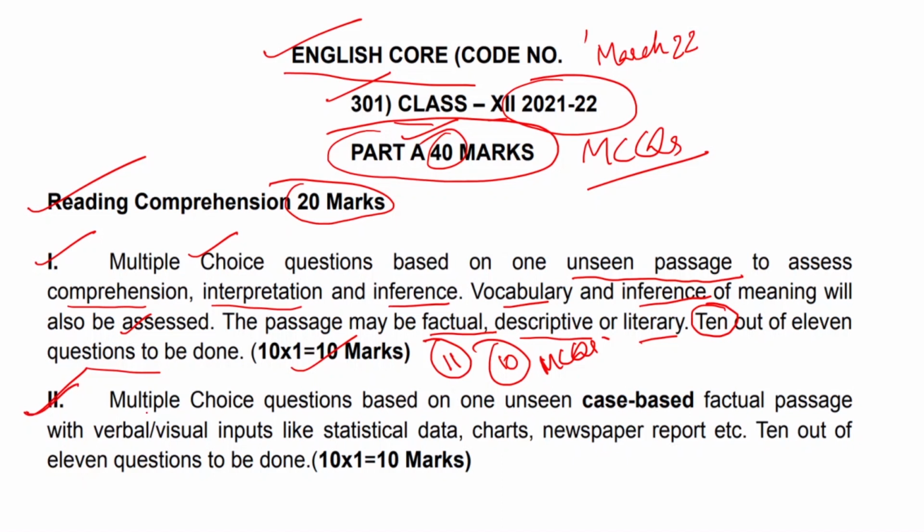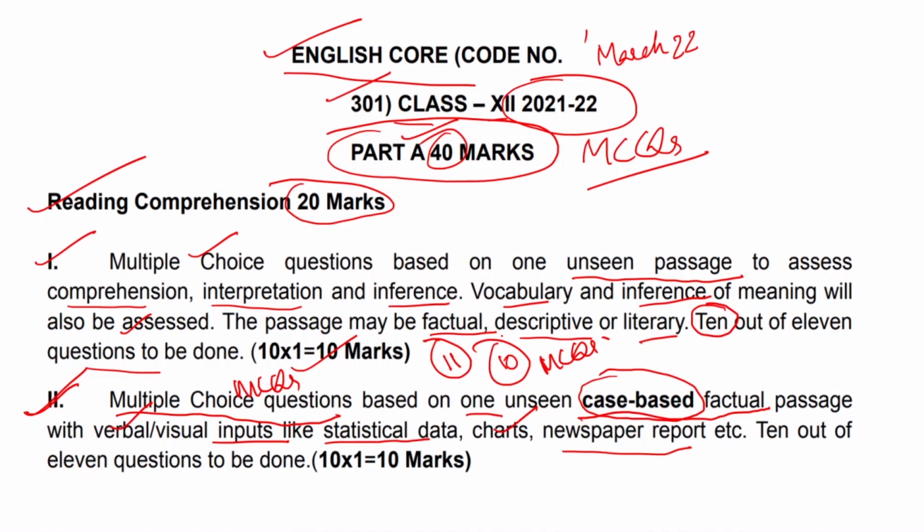Second one, multiple choice questions, MCQs, again based on one unseen case-based factual passage. The second passage is case-based. It is a factual passage; verbal or visual inputs like statistical data, charts, newspaper reports, etc. can be given.